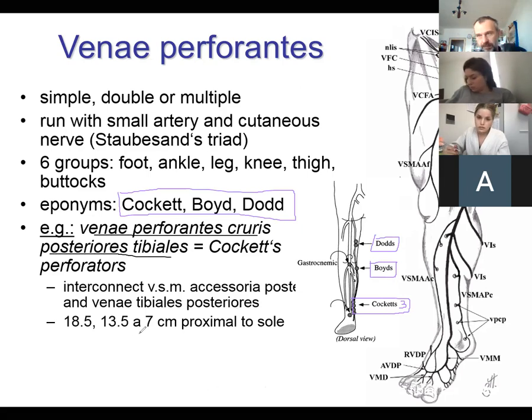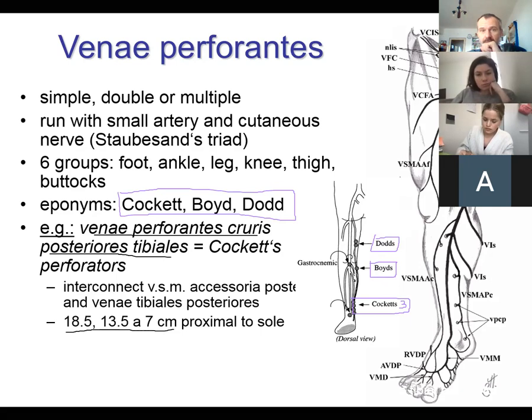For the clinics, it is interesting, but not for you to learn, that they have quite precise locations, 7, 13, and 18 centimeters distant from the sole. So if you find them, you can easily ligate them.